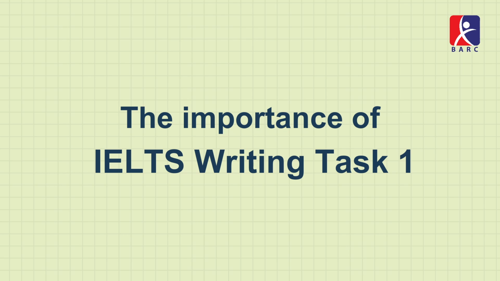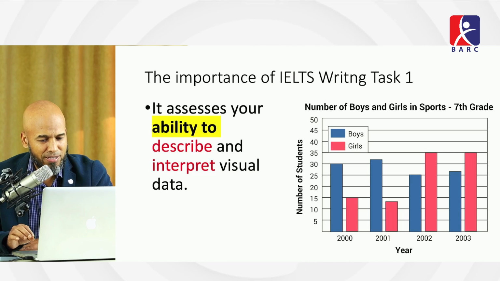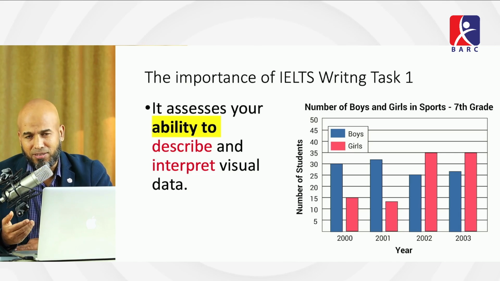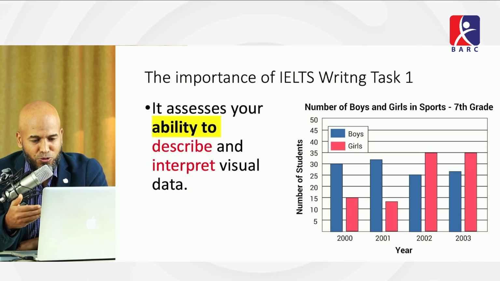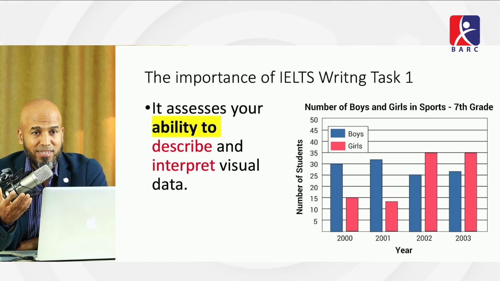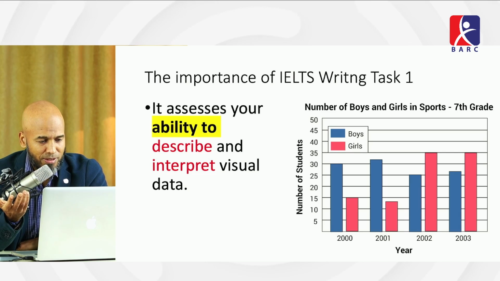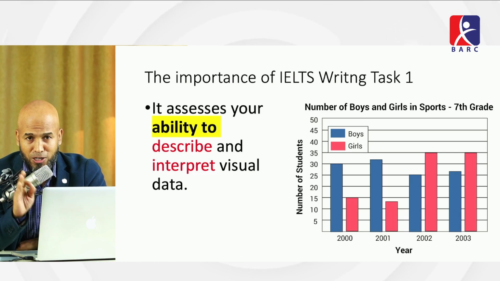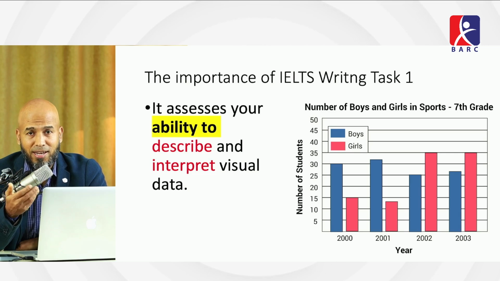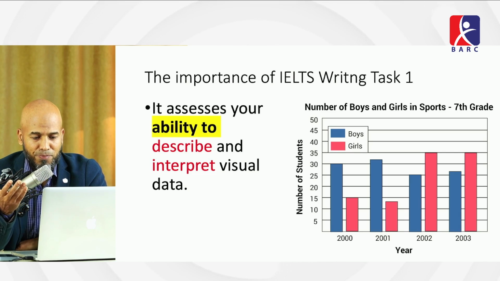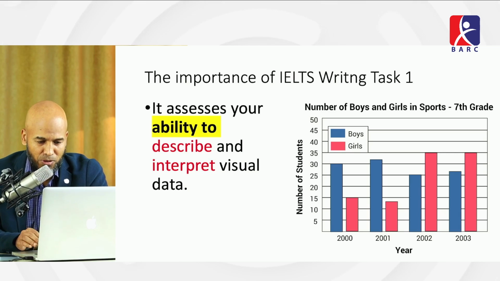The IELTS Writing Task 1 holds immense significance in the IELTS writing module because it assesses your ability to describe and interpret visual data. So this is actually visual data. Again, you see a different bar chart. What a candidate has to do is interpret the visual data into sentences, into words, effectively.